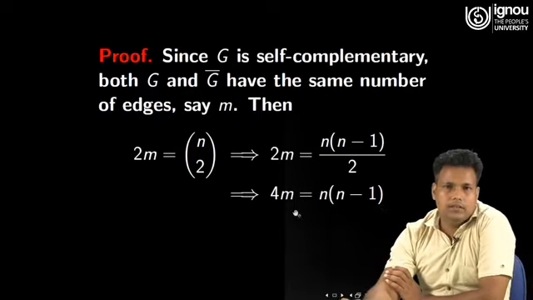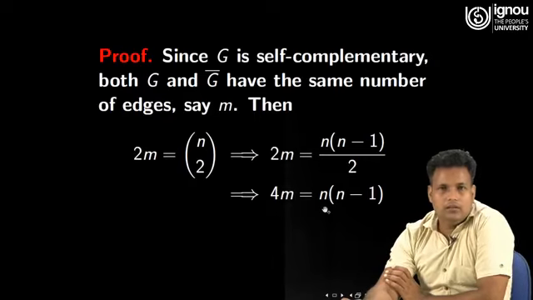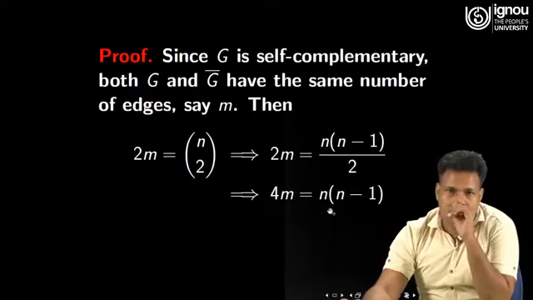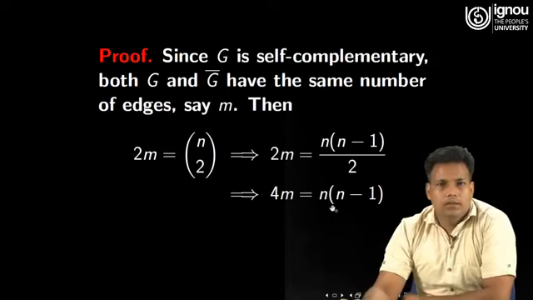So from here it is clear that either n or n minus 1 is a multiple of 4, that is, either n or n minus 1 is divisible by 4.